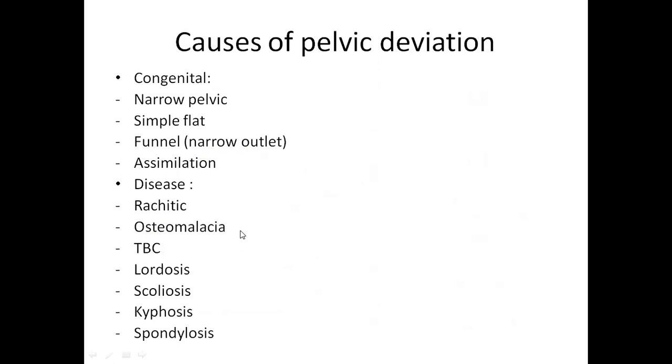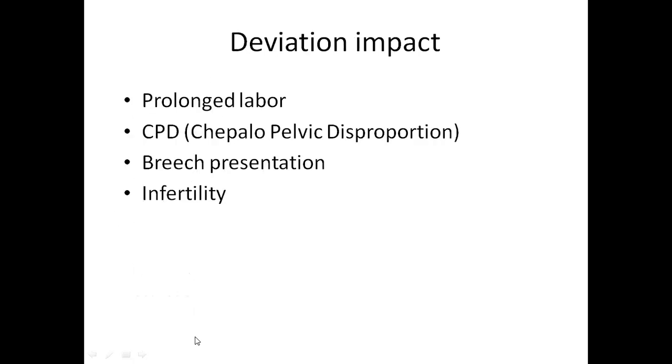Tuberculosis also can damage the hip bones and sacrum, deranging the pelvic cavity. There are clinical conditions of deviated vertebral column associated with the pelvic cavity: lordosis, scoliosis, kyphosis, and spondylosis.